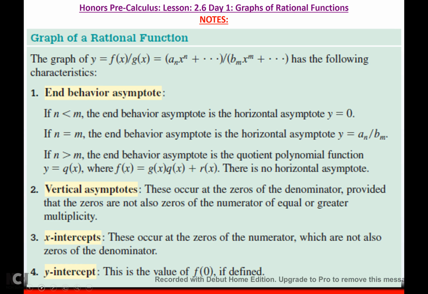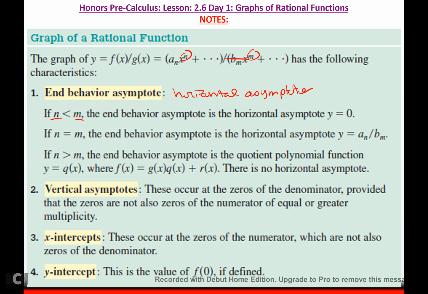Okay, so to figure out what our asymptotes are, your end behavior asymptote, which is also the horizontal asymptote, you get by your degree rules. When they're talking about n and m, n is the degree of the top function, and m is the degree of the denominator.